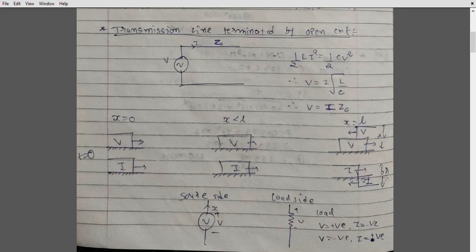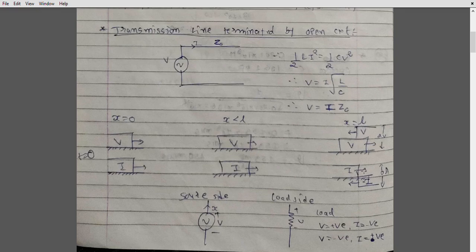So when the wave reaches the source, after a time interval from the instant of initialization of source voltage on the line, the current in the line everywhere is 0, but the voltage is now 2V. Obviously it is easily understandable because here V is there and V is added, so it will be 2V.